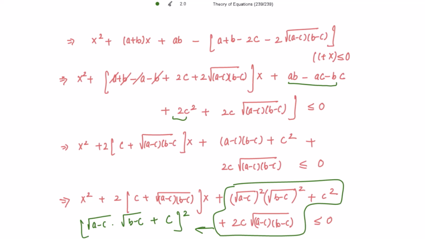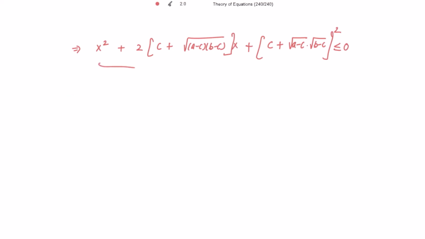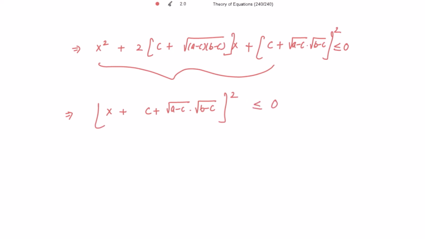So writing this, x² + 2(c + √((a − c)(b − c)))x + (c + √(a − c)·√(b − c))² ≤ 0, right? Now again, this is your complete formula, that is (x + c + √(a − c)·√(b − c))². Can you get this? Yes. So this is less than or equal to 0.